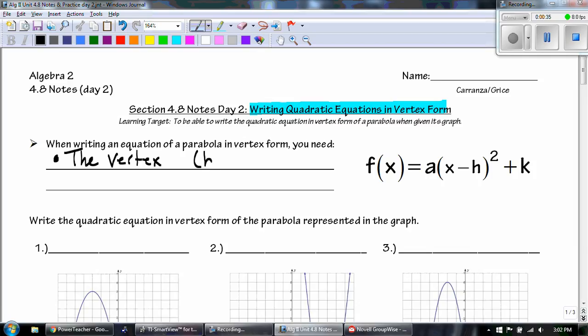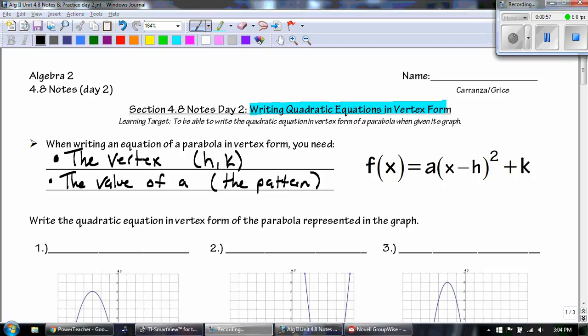Remember the vertex is h comma k. And then we also need the value of a, okay? And remember the value of a, that is the pattern of the graph. So that a is the pattern, okay?